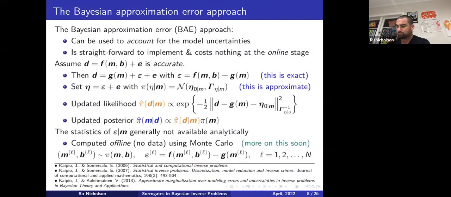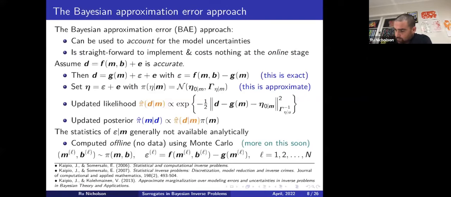Okay, so one way to take into account the uncertainty that using this reduced order model induces is to use the so-called Bayesian approximation error approach, which has been used quite a bit in the literature. It was first employed and written down by Erkki Somersalo and Jari Kaipio, and has since been used by many people.